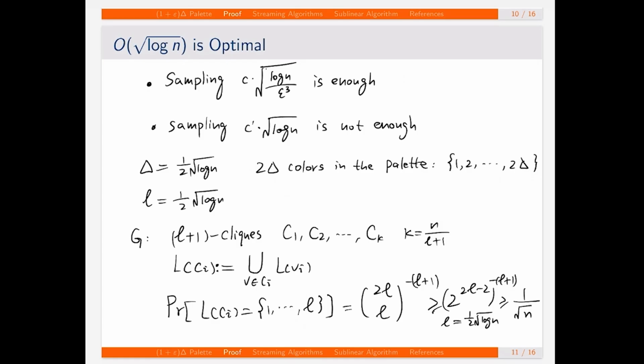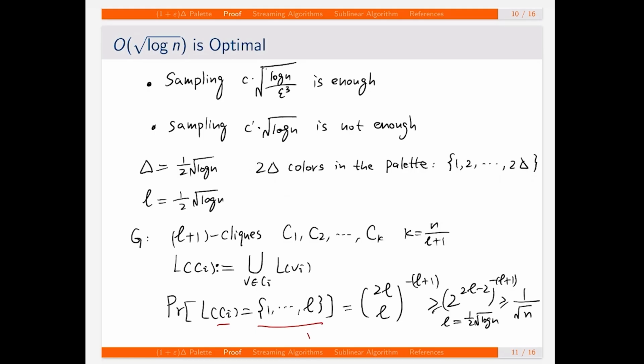Since the event is independent across the cliques, with high probability, there exists some clique C_i such that the list only consists of colors from 1 to L, and therefore it cannot be colored. And therefore we get a counterexample for the delta equals L equals 1/2 square root log n case.